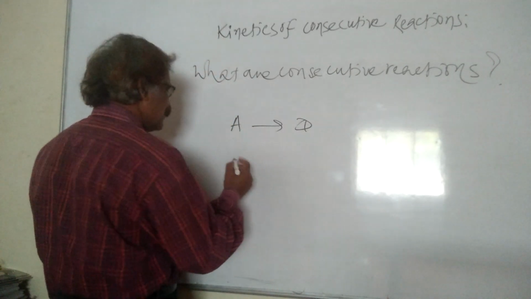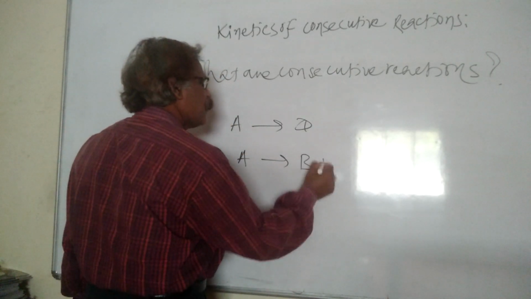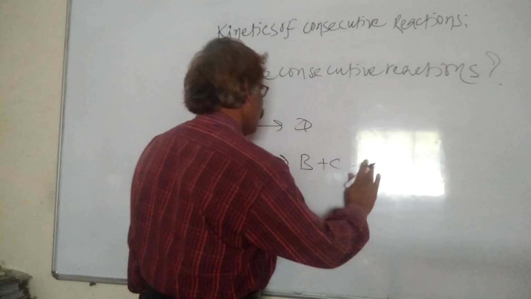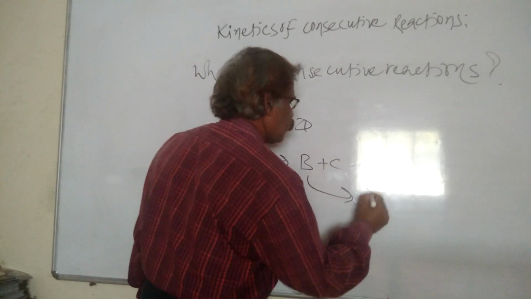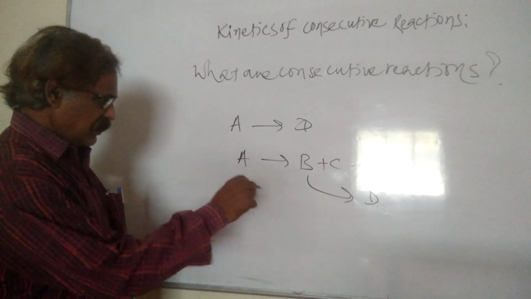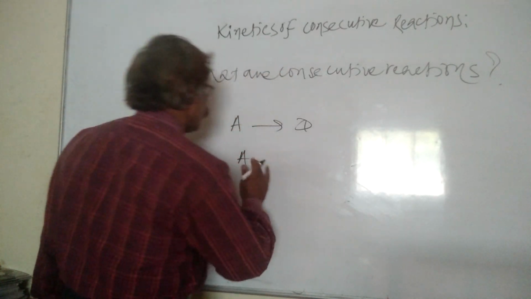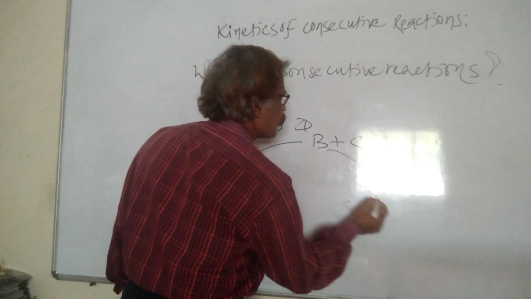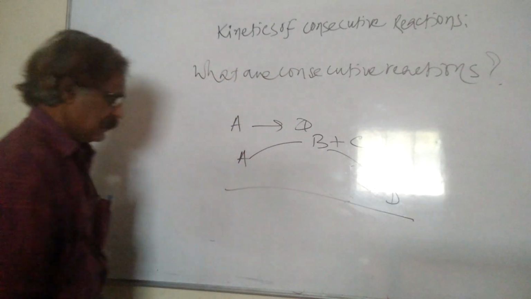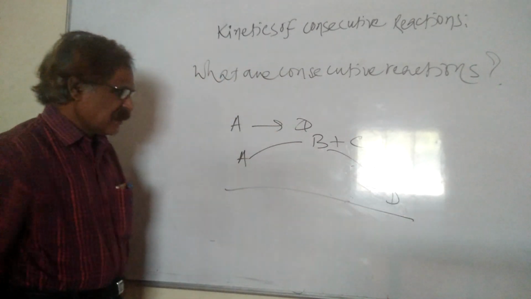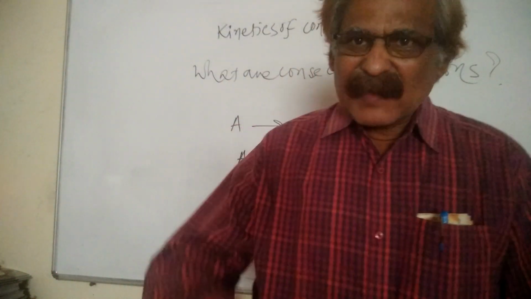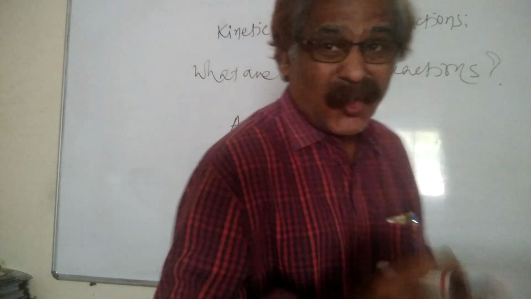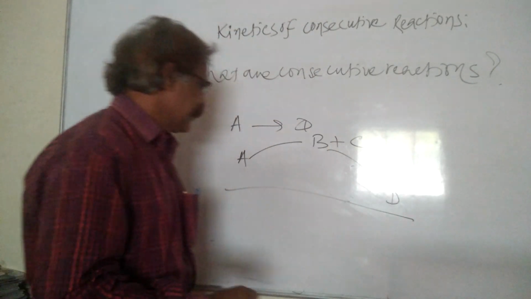Let us suppose A is converted into B plus C, and later on this B is converted into D. Such chemical reactions taking place in two or more than two successive, consecutive steps are known as consecutive reactions.